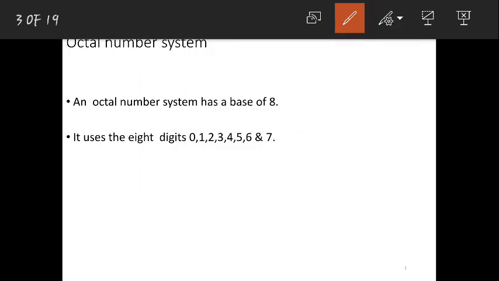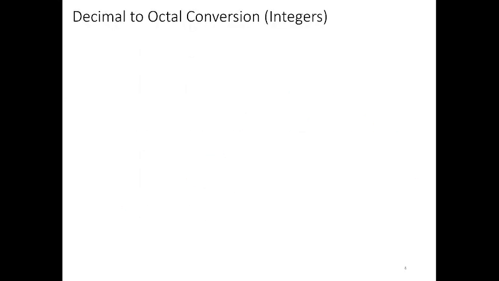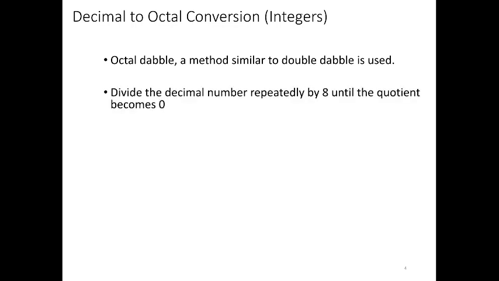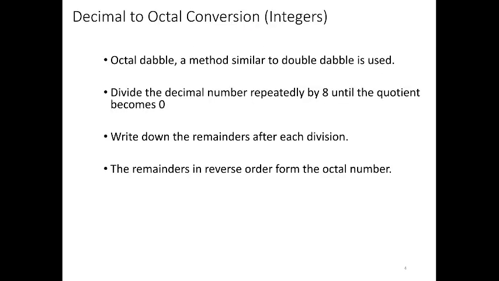So, we will see the conversions. Decimal to octal conversion. What we do is, previously, to convert from decimal to binary, we just divided the decimal number by 2, because we were converting it into binary.